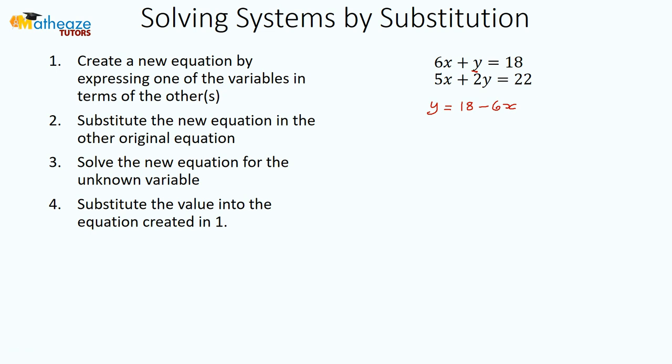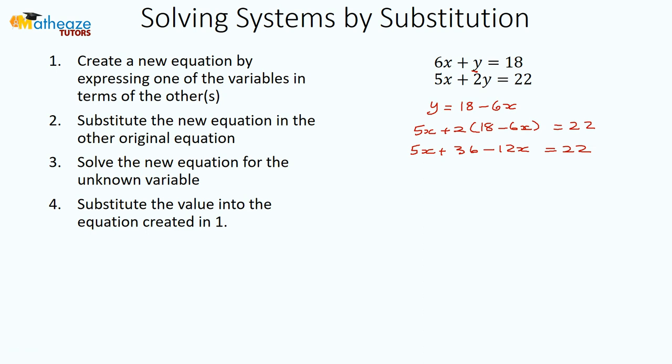And then we're going to substitute that into the second equation. So 5x plus 2 times 18 minus 6x equal to 22. So we're going to simplify: 5x plus 36 minus 12x equal to 22.